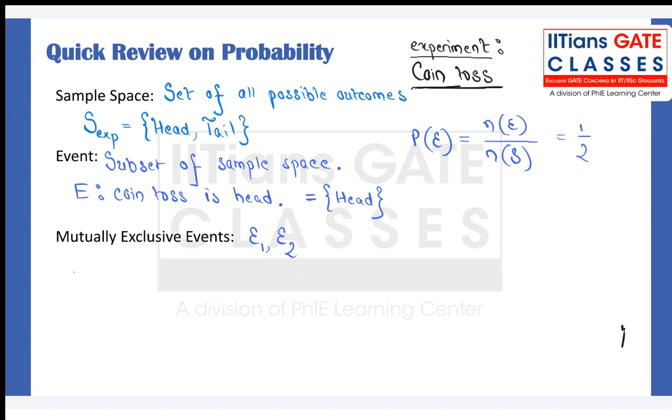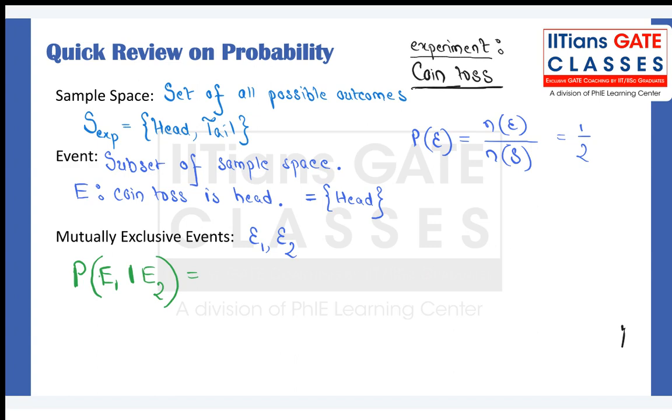in terms of mathematics, the best way I can explain is: given that E2 has occurred, the probability that E1 will occur is what?